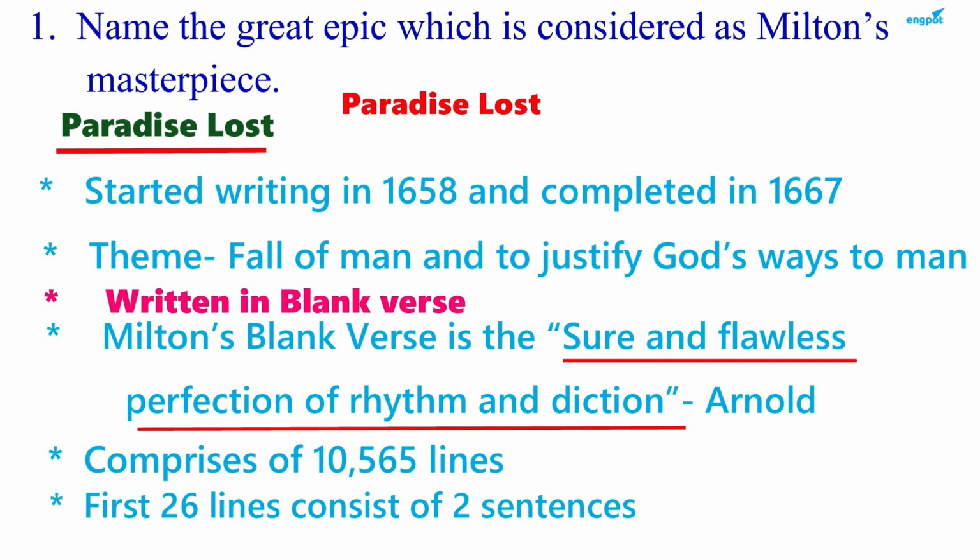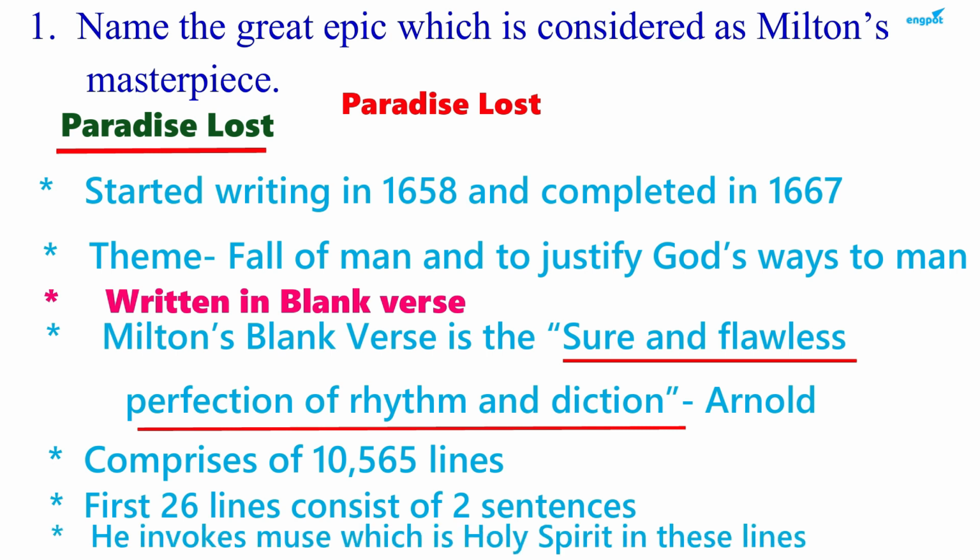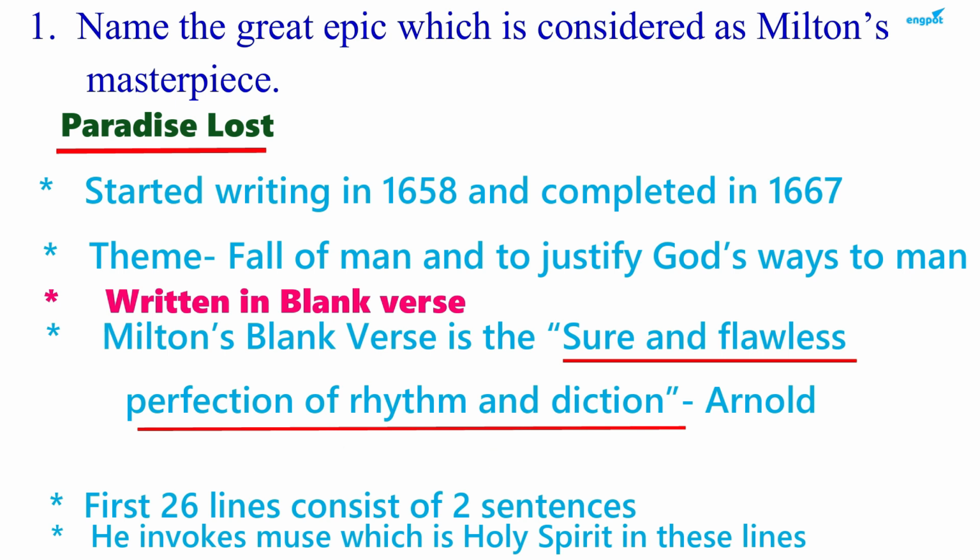These lines contain a great deal of information about Milton's reasons for writing this epic, his subject matter, and his attitudes toward his subject. In these 2 sentences, he invokes his muse, which is actually the Holy Spirit.